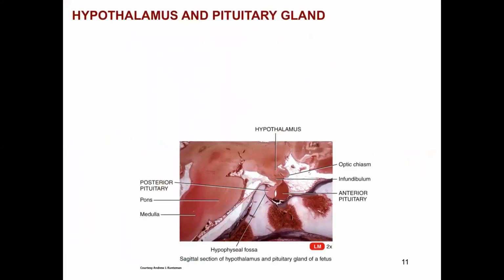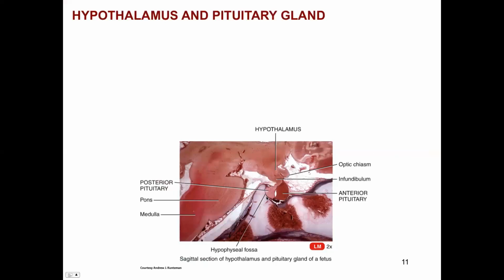Now, the hypothalamus and the pituitary gland. So this is one of our links from the nervous system. The hypothalamus is part of the brain, and the pituitary gland is a gland that's hanging off the brain. And the pituitary gland actually has two parts. It has the posterior side and the anterior side. So the posterior side, if you look at this picture, you see this hypothalamus, and you have this part here.